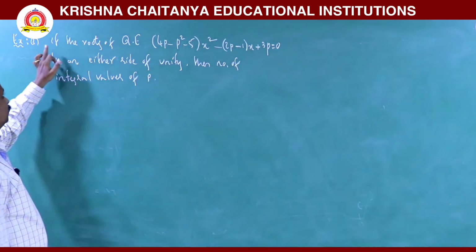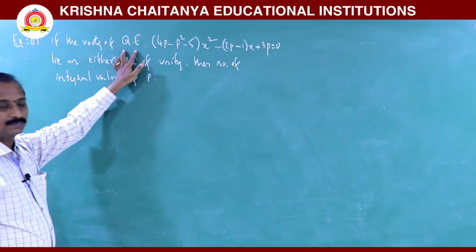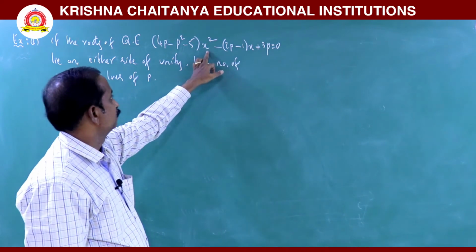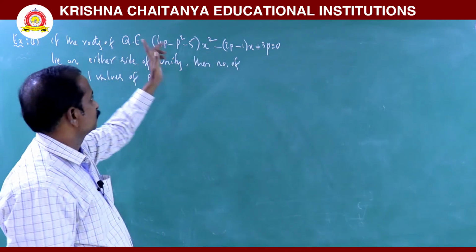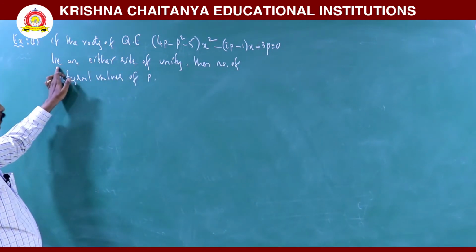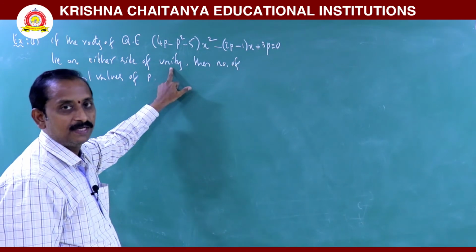What is the question? If the roots of a quadratic equation, so this is a quadratic equation of degree 2, the roots alpha and beta, lie on either side of unity. Unity means 1.